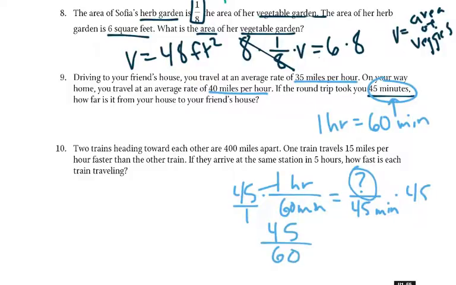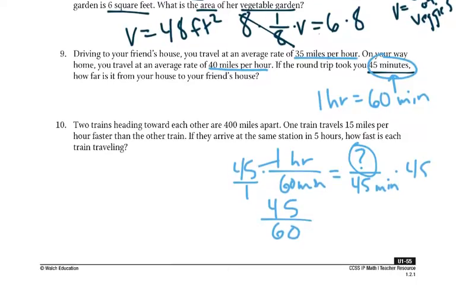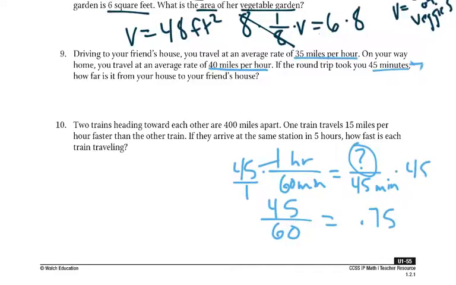So 45 divided by 60, which would give us 0.75, which is how many hours 45 minutes would be. So that's really like 0.75 hours. Okay, so now we've got the same units.